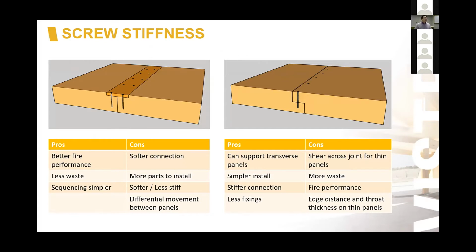The other option, which is more common, is a lapped connection. Once again, with a lap joint and screws down through the joint. The 2 systems behave quite differently. So the one on the left, the spline connection, is quite a bit softer than what you get with a lap joint. So it's more likely to display more movement at these sort of connections.